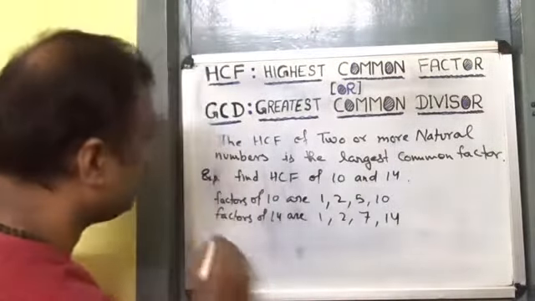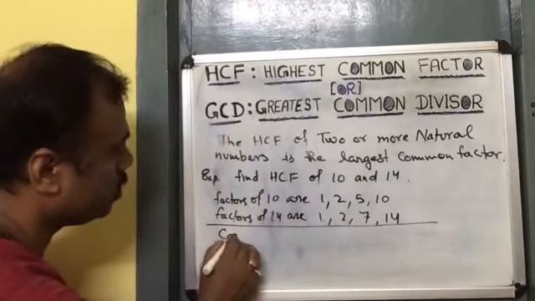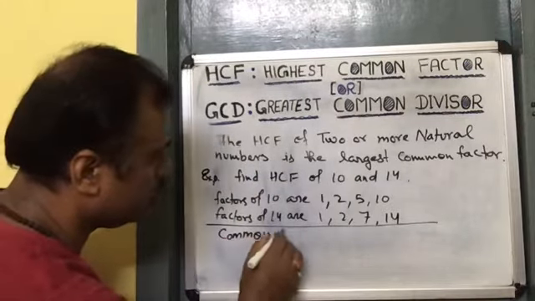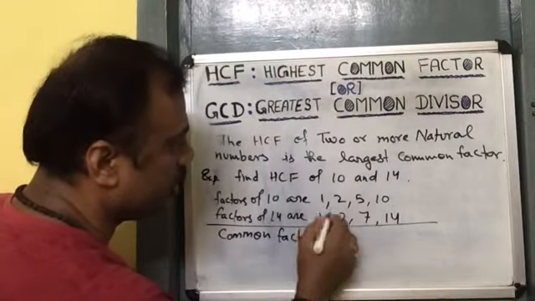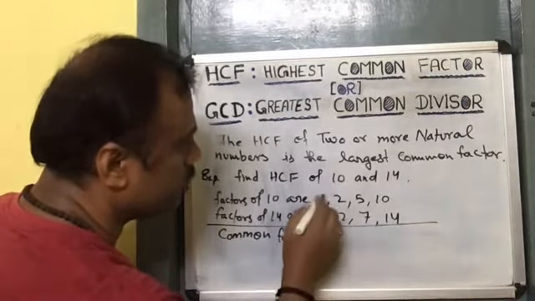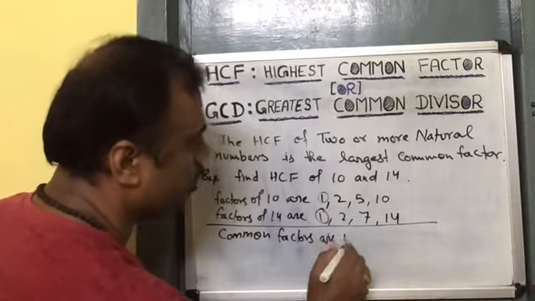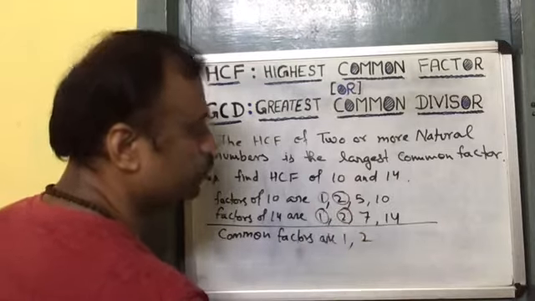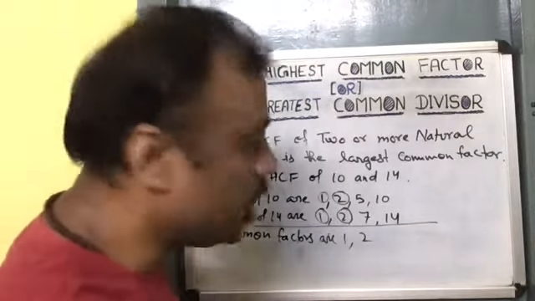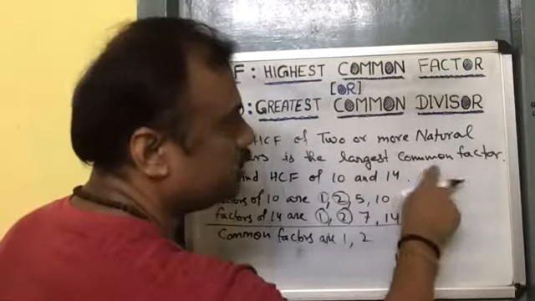Let us write the common factors. The common factors from these two are 1 and 2. But among these we want the largest common factor.